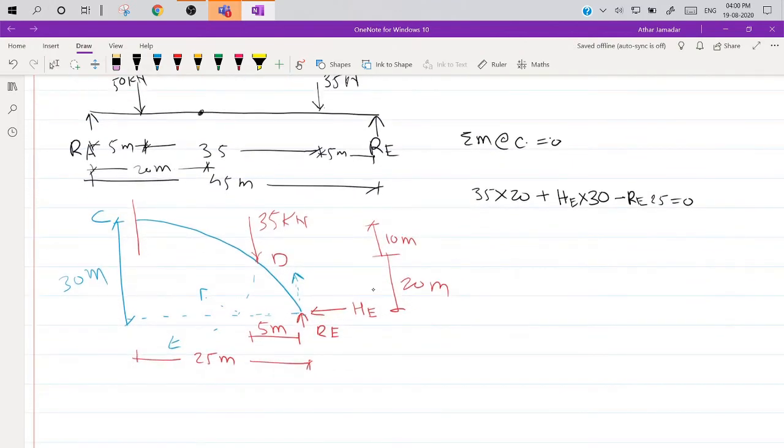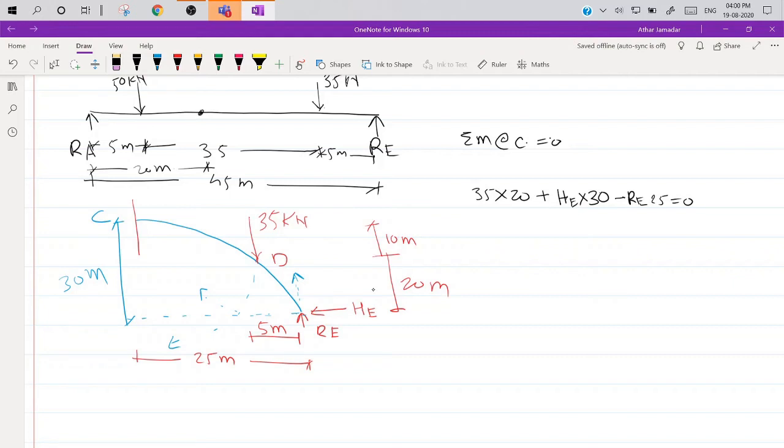Okay, after that we will apply summation of moment about C is equal to 0, because we are having this additional equilibrium condition at C. That means at the internal hinge, moment is equal to 0. Therefore if we apply that, first this load of 35 kilonewton will act in clockwise direction, so 35 into 20, that means the horizontal distance between C and D is 20.